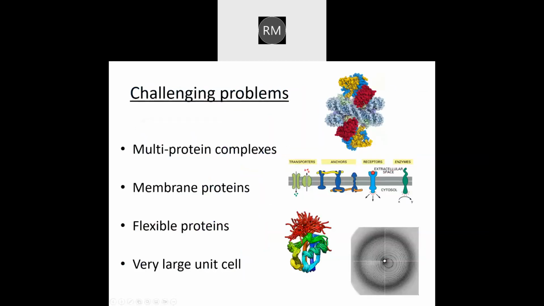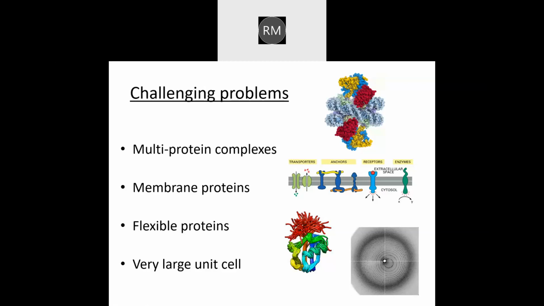So what are the problems in X-ray crystallography? Why are not all structures known? Yes, because of multi-protein complexes, for example, the nucleosome and different proteins bound to these nucleosomes. Such structures are multi-component. 7, 8, 10 proteins are bound to DNA, and DNA is very big.